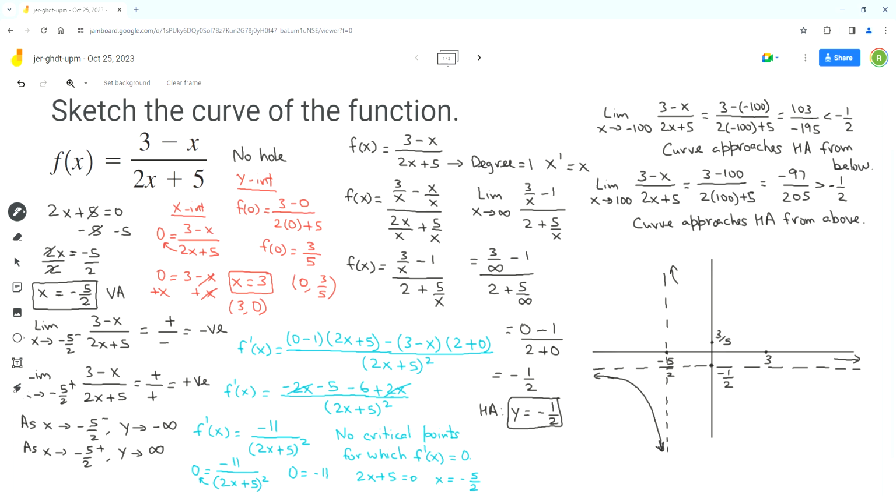And on the right side, we have to sketch the curve in a way that it passes through the intercept, then here, and then it passes here, and then it ultimately goes along the horizontal asymptote. So this should be the curve of this function.